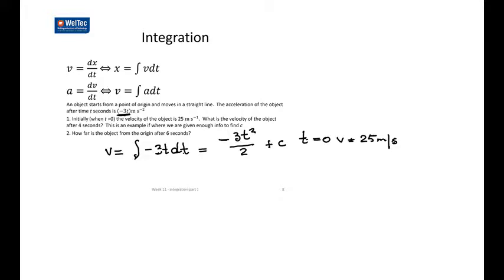So 25 equals negative 3t squared over 2, but t is 0, so that term goes, equals c. So c is equal to 25. That means our velocity function is negative 3t squared over 2 plus 25.